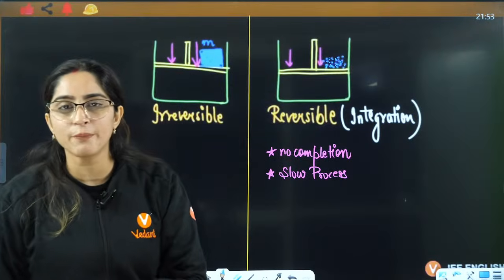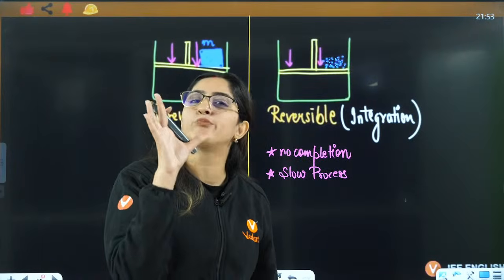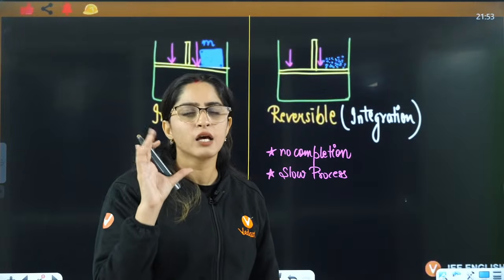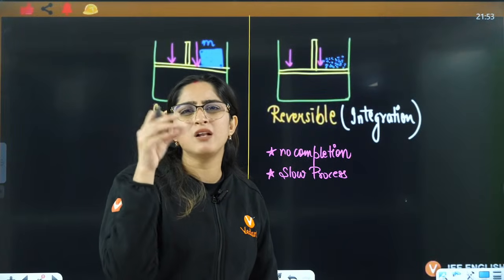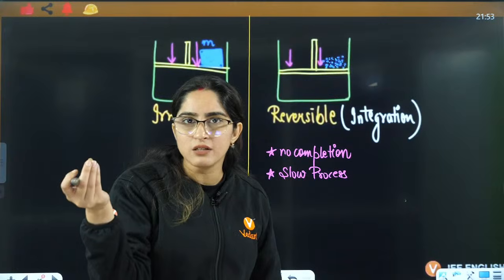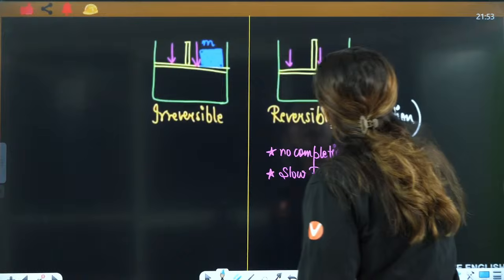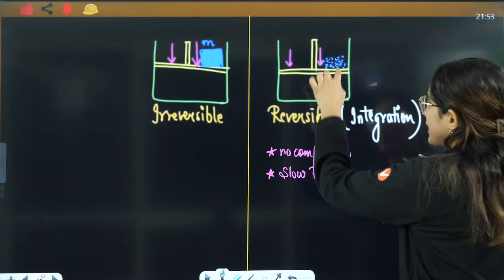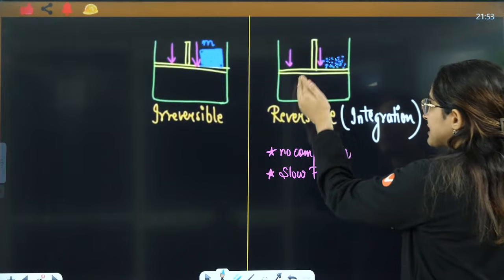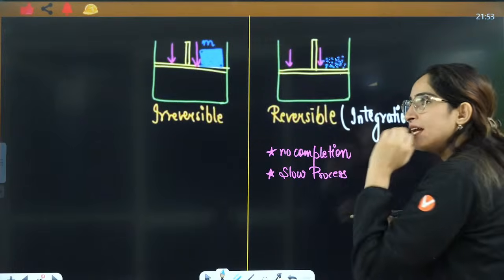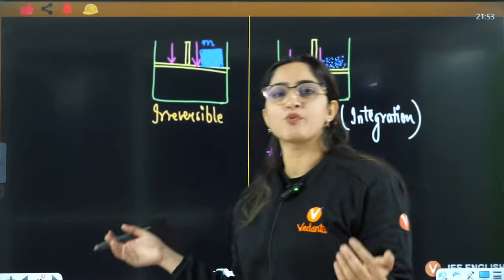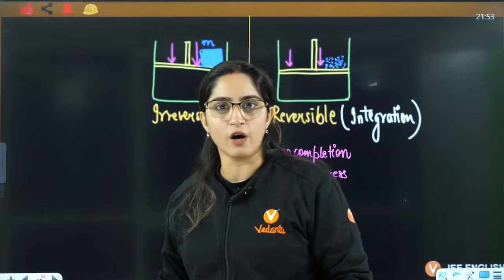You're increasing the pressure not by a big block of mass, but by just simple soil particles, right? That's why every single particle is putting pressure on this particular gas that is filled inside the container.